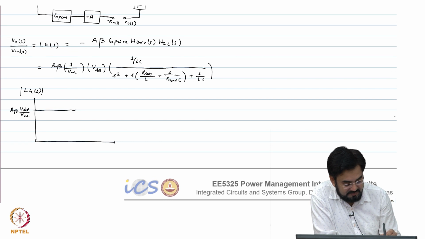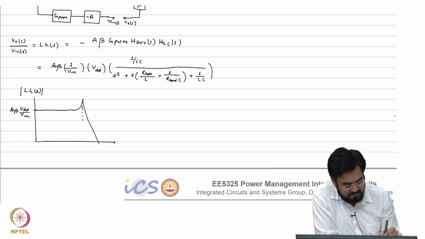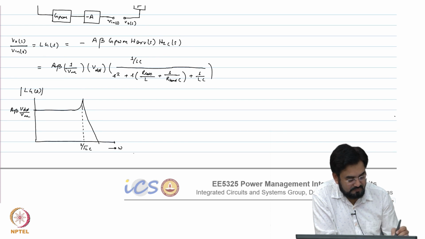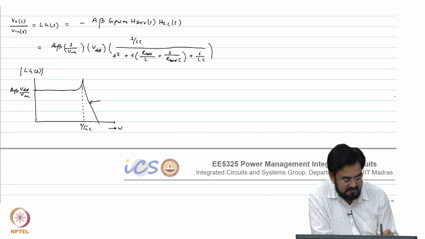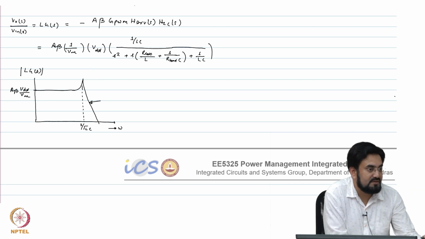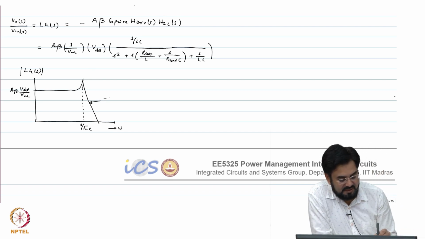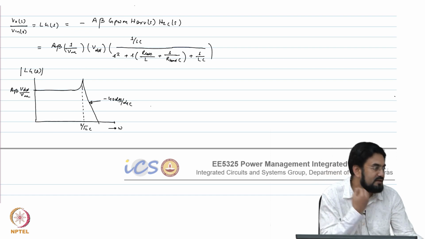Then this is your, so what will be the slope of this? You have double pole, minus 40 dB per decade.